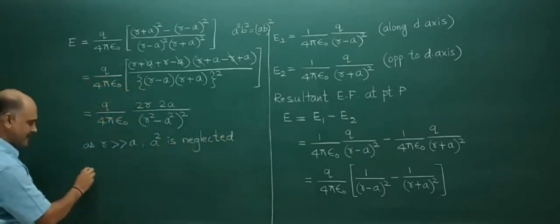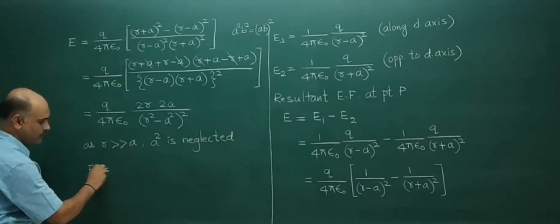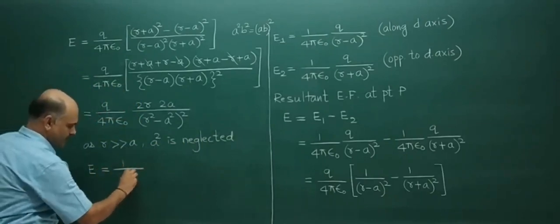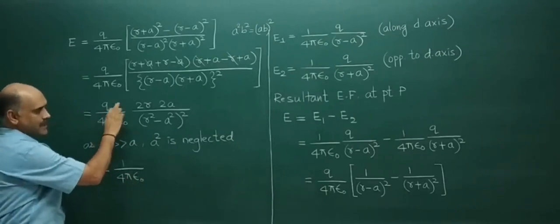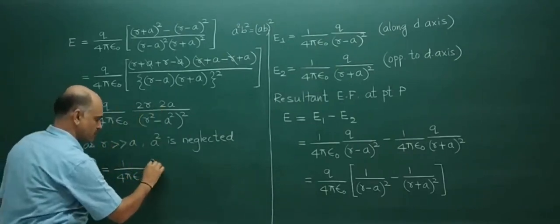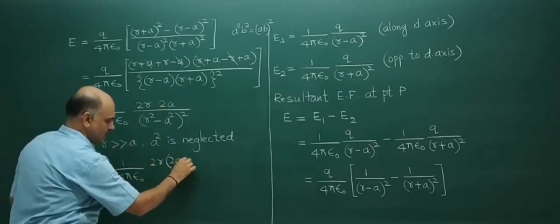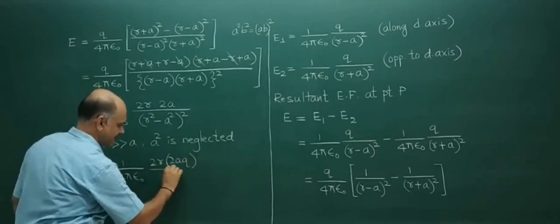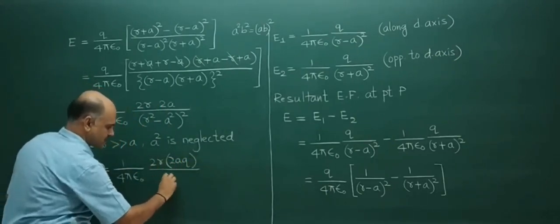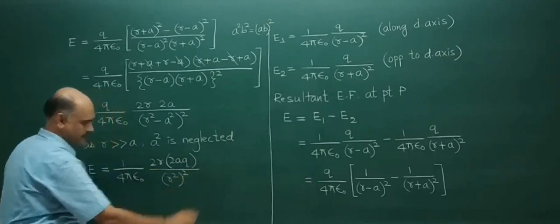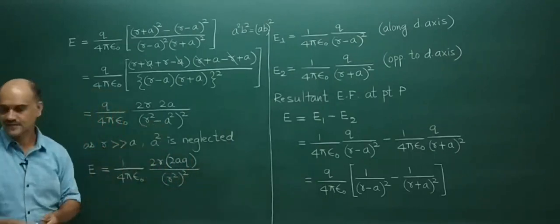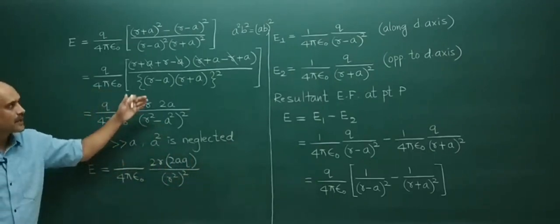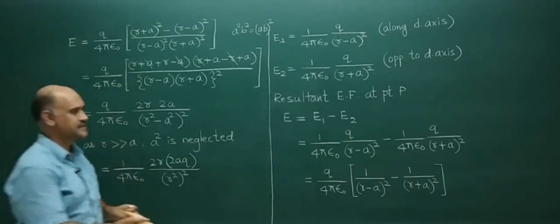So I will be having E is equal to 1 by 4 pi epsilon naught. I will combine this Q with 2A. So 2R, 2A into Q divided by (R square) whole square. We leave this A square. So again you can pause and note down these steps.